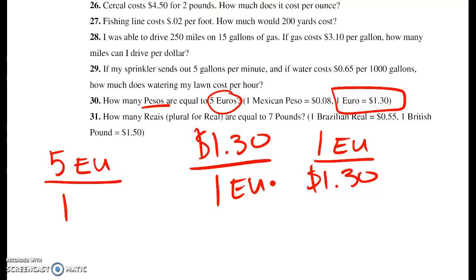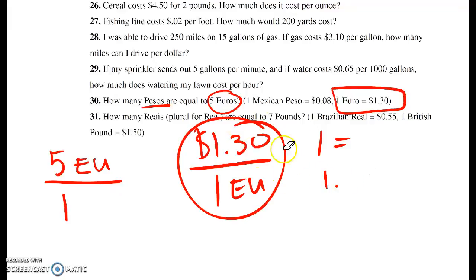I'm going to choose the option that allows me to cancel out the euros I already have, so I need euros on the bottom. If you have a unit on the top and on the bottom, then you can cancel them out. Hopefully that makes sense. If it doesn't, keep watching and hopefully it will make sense in a minute. So I'm going to use this one in my equation.